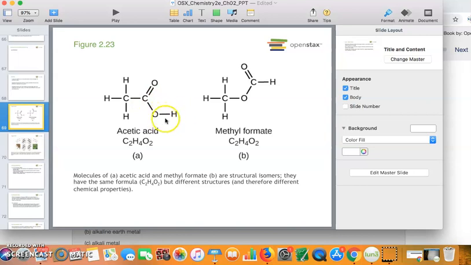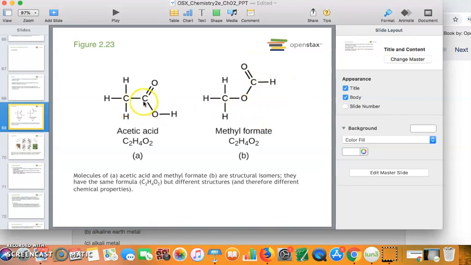And we have hydrogen here. So here we have this C double bond O, OH. This is called a carboxylate functional group, and it is different from another structure here, methyl formate.